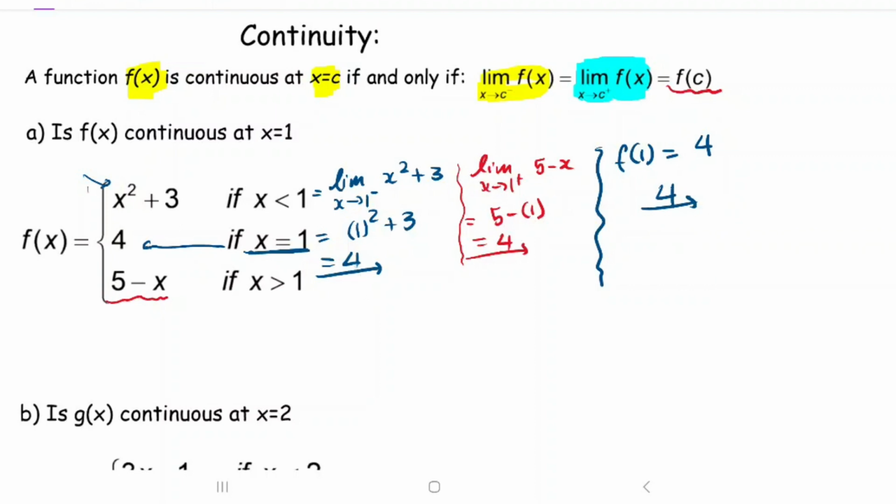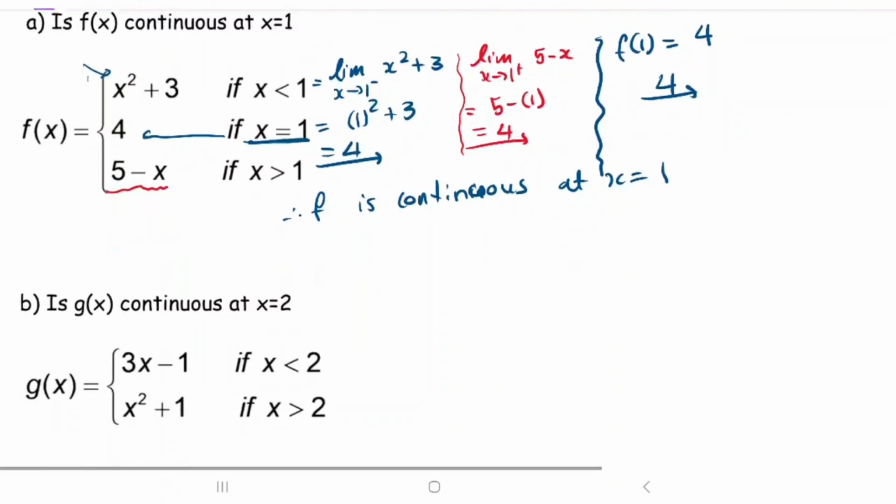We can clearly see that the limit from the left and the limit from the right as x tends towards 1 give you 4, and the function at 1 also gives you 4. So we say that f is continuous. Let's check the spelling: it's continuous at x equals 1. So remember, this condition had to be true. Let's do one more example.